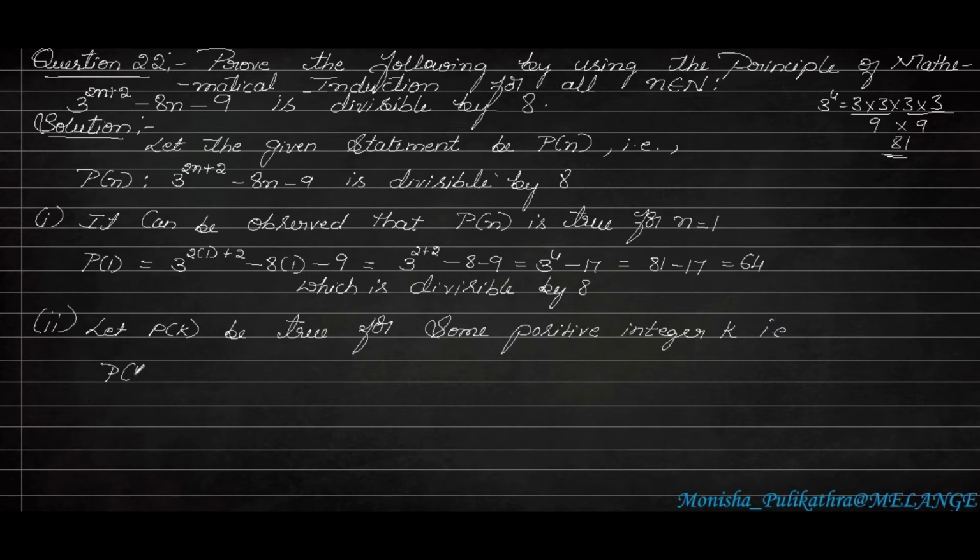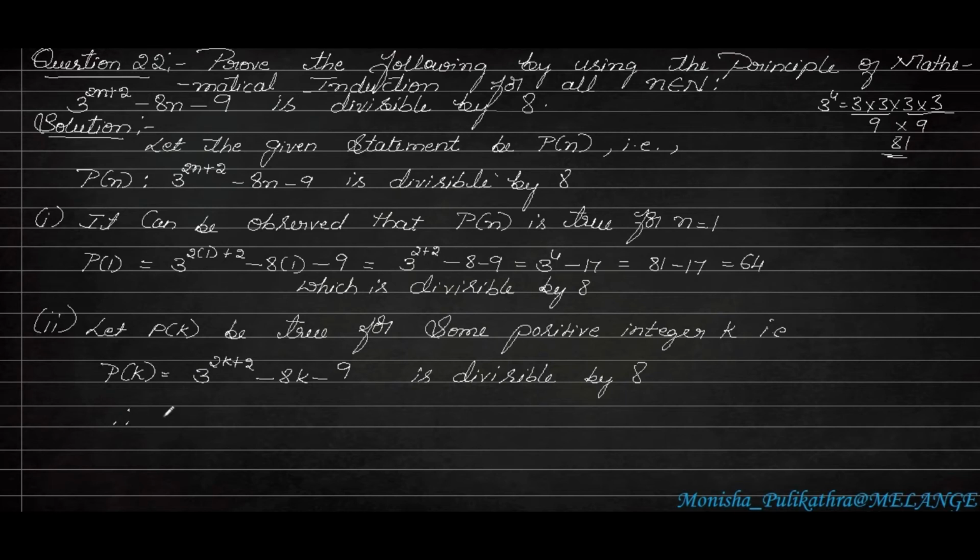So the equation will become P of k is equal to 3 to the power of 2k plus 2 minus 8k minus 9, and it should be divisible by 8 itself. So if it has to be divisible by 8, we have to equate it such that it should be a factor of 8 itself, right?